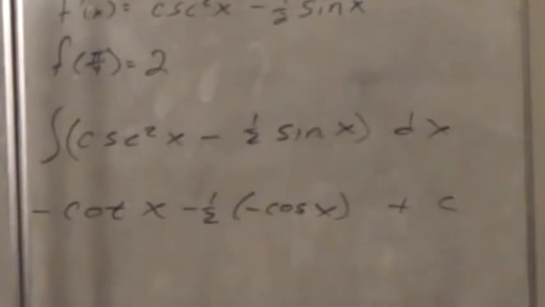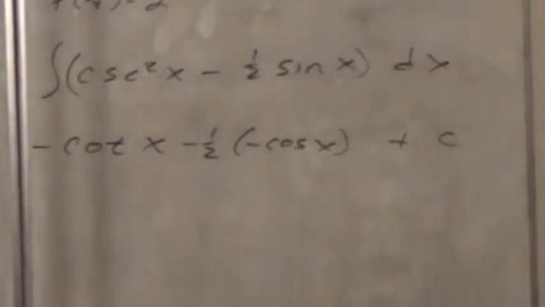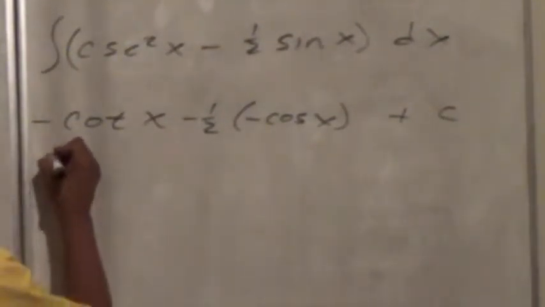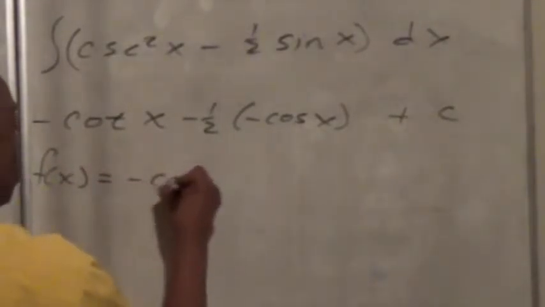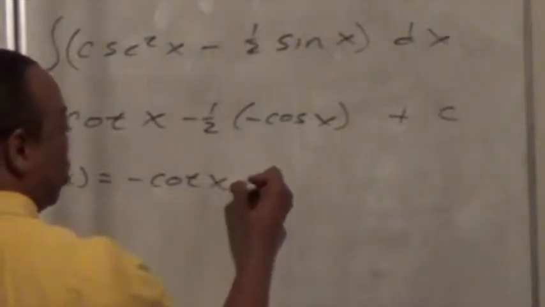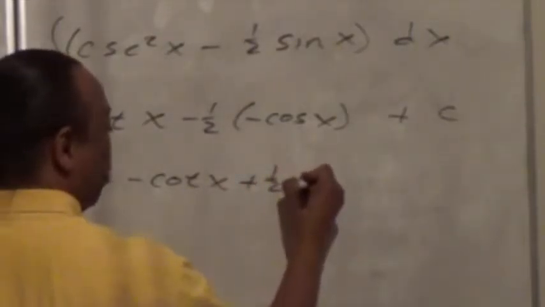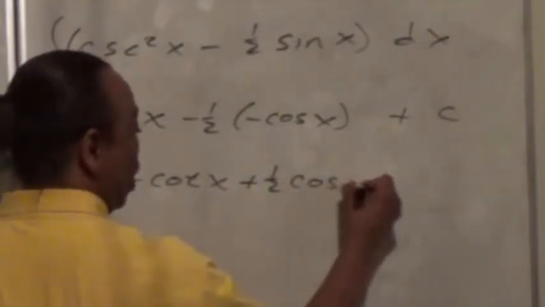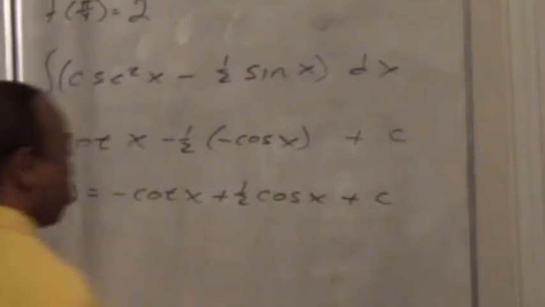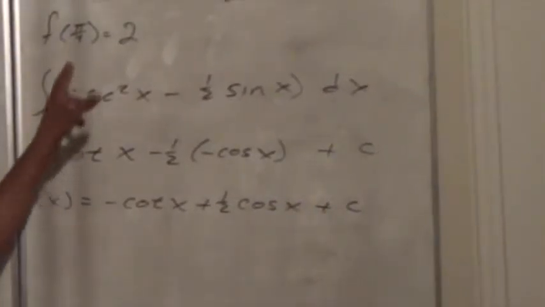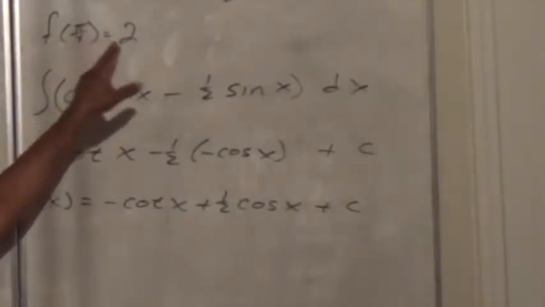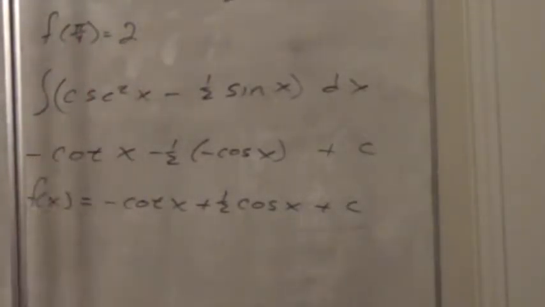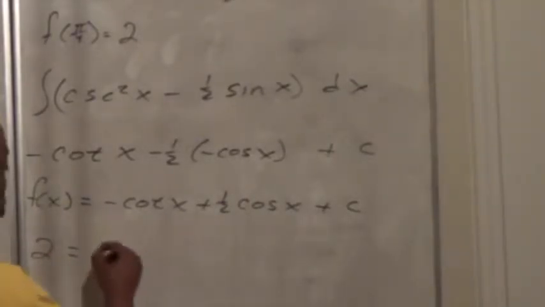So this is our function f, the family of f. So f would be negative cotangent of x plus 1/2 cosine of x plus c. And we're told that with the parent, if you put in pi quarters, we should get a 2. So this should all equal 2 if we put in pi quarters in each of these.